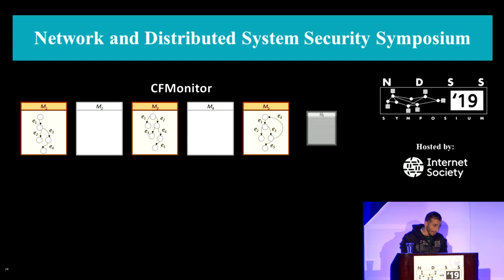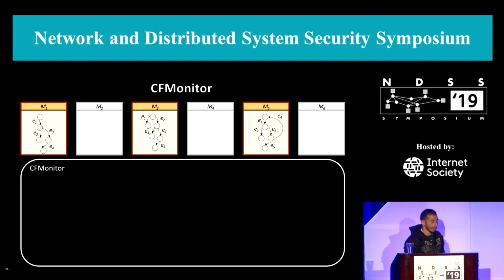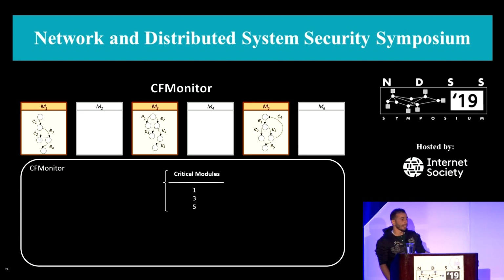So if you have these six modules, modules 1, 3, and 5 are the critical ones. The CF monitor stores one table for the IDs of the critical modules. This table is maintained by the DF monitor, which detects these modules and forwards them to the CF monitor.